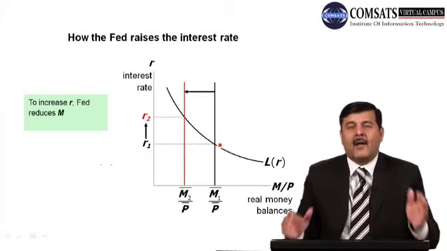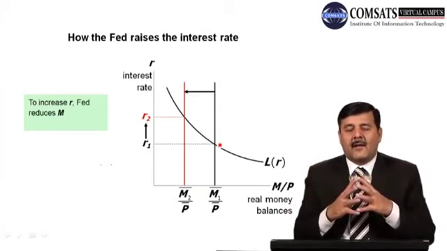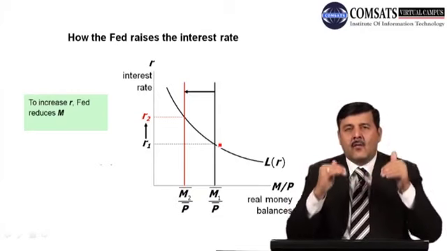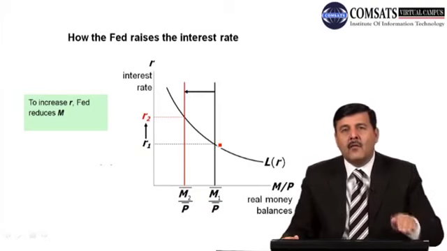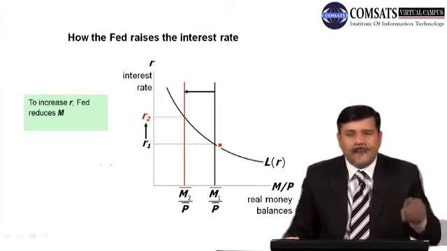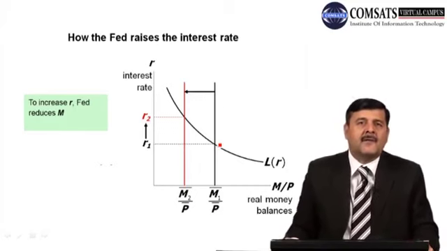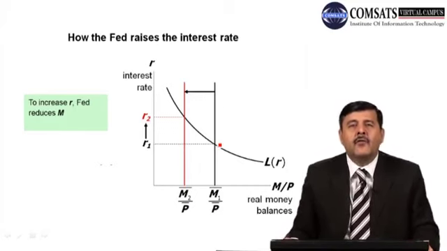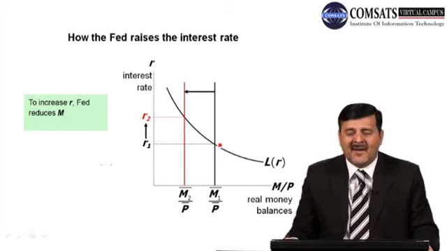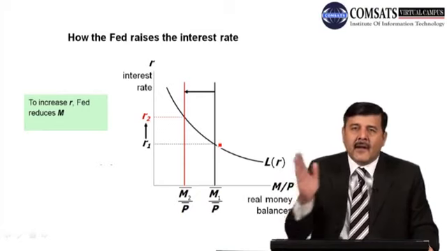अगर सेंट्रल बैंक ने रेट ऑफ इंटरेस्ट को बढ़ाना है तो what will they do? They will reduce money supply in the country. If the Fed or the central bank wants to increase the rate of interest, it has to reduce money supply in the country. So when the central bank reduces money supply, the money supply curve will shift inward.